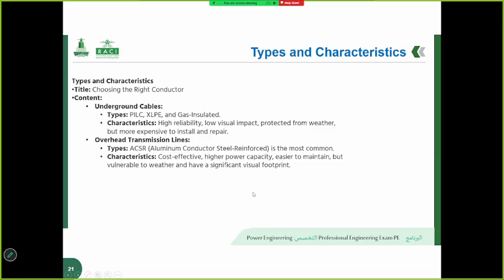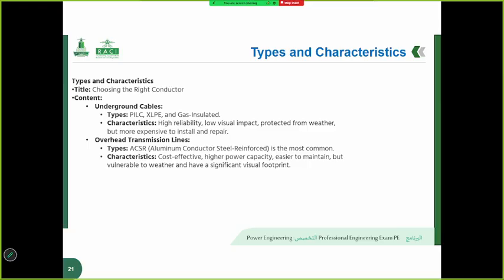This slide provides a detailed look into the two primary methods of power transmission: underground cable and overhead lines. The choice between these two is a critical engineering decision based on a careful balance of cost, reliability, environment, and visual impact.